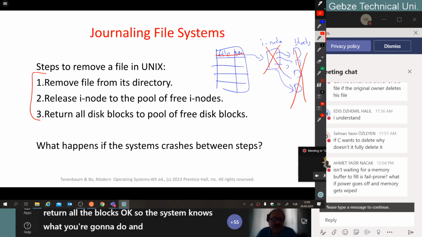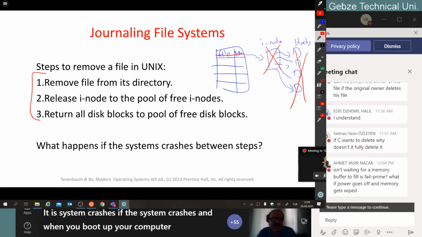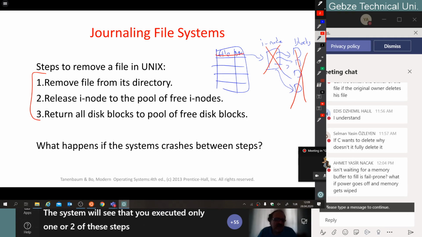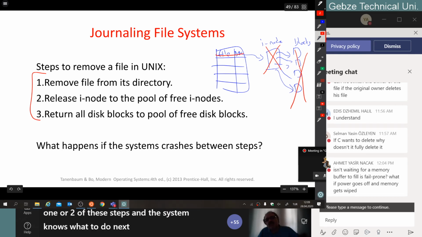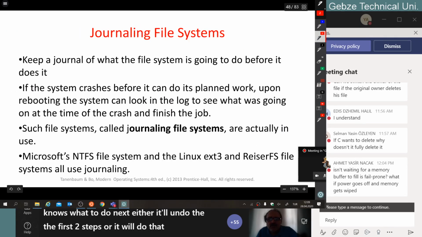If the system crashes, and when you boot up your computer again, the system will see that you executed only one or two of these steps, and the system knows what to do next. Either it will undo the first two steps, or it will do the third step for you. Okay, that's called the journaling file system.